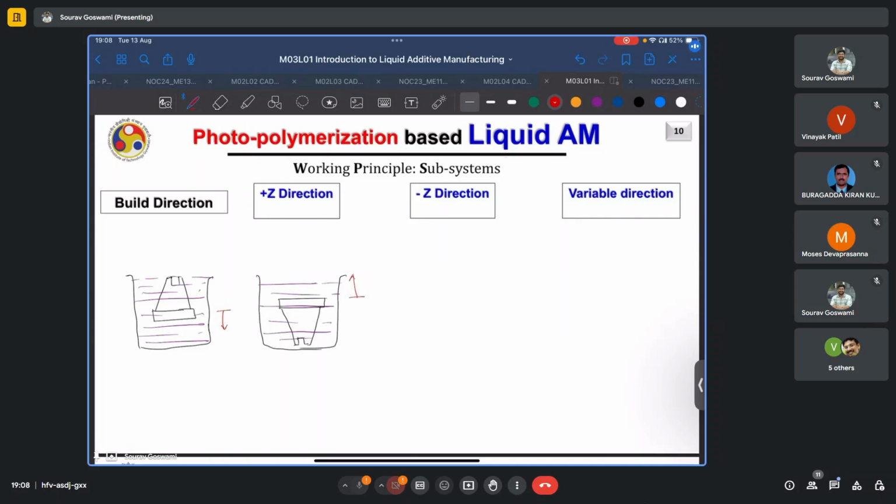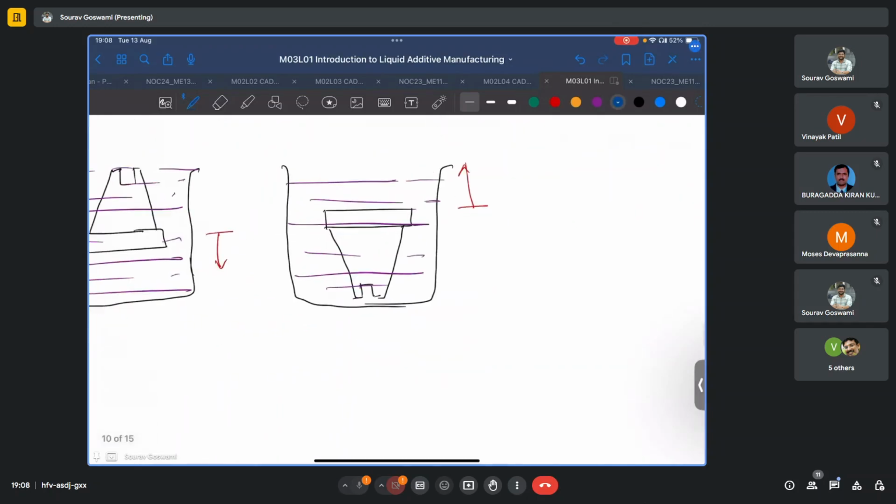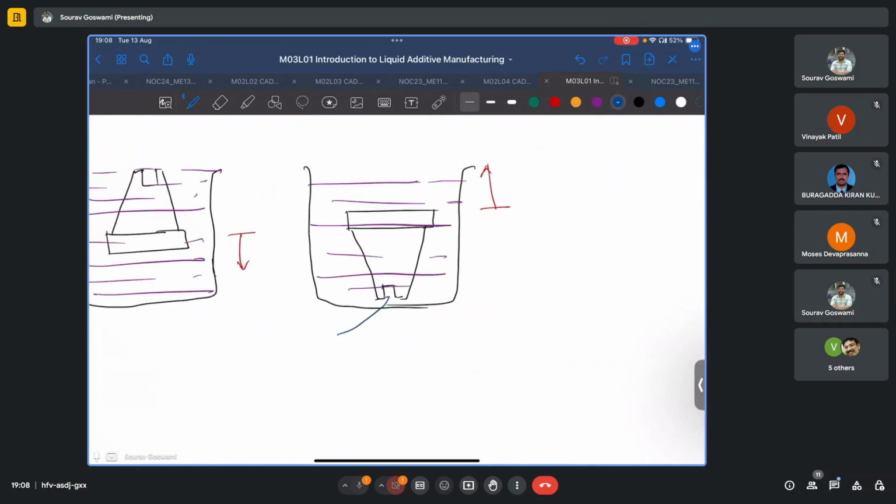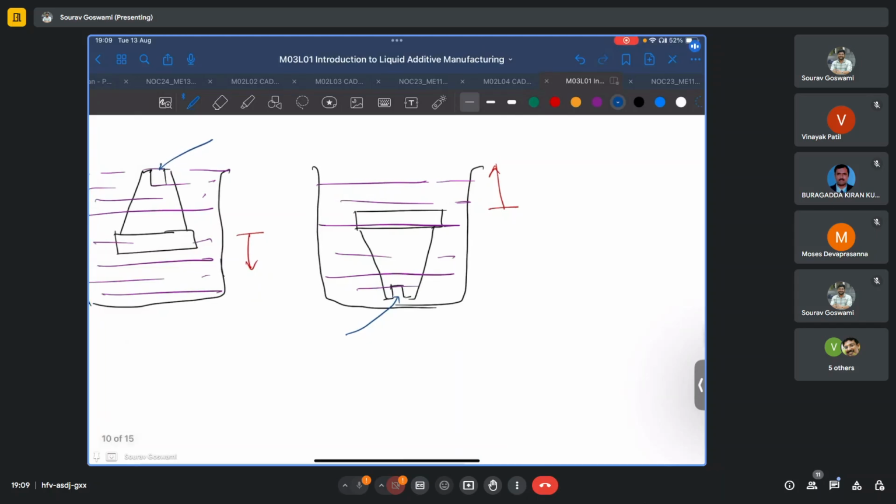One or a couple of very obvious advantages that you can foresee here are that if there are such hollow sections in your build, in the case where the build height is along the negative Z direction, because of the action of gravity, any remaining liquid photopolymer will automatically get drained out of this hollow region.